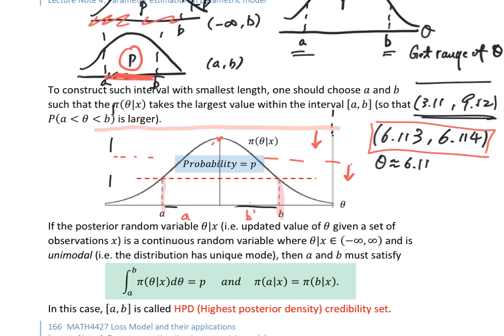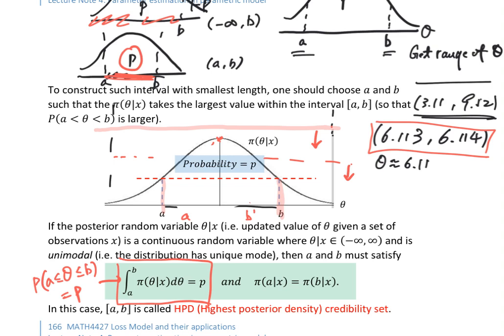In this example, the critical values A and B will satisfy two equations. The first one is that the probability that theta is between A and B is equal to P. That is the definition of the credibility interval.